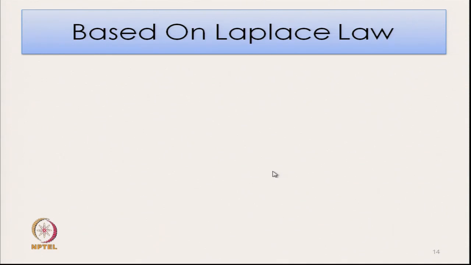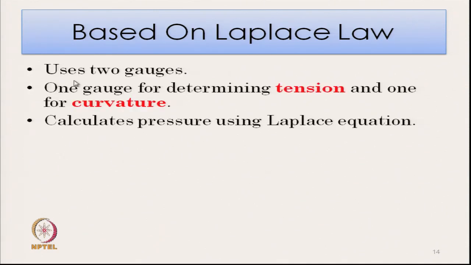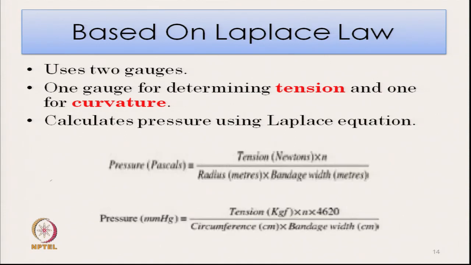So, based on Laplace law, there are instruments where we use two gauges. One gauge is required for measuring the tension, another gauge is required for measuring the curvature. These two factors are required to calculate the pressure using Laplace law.